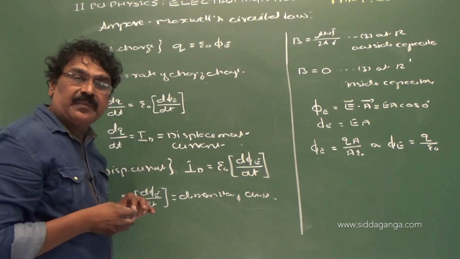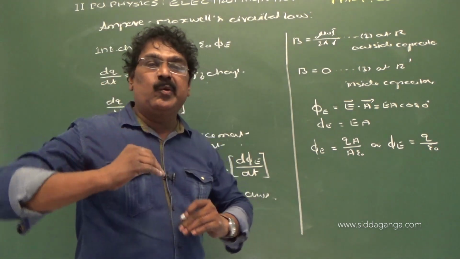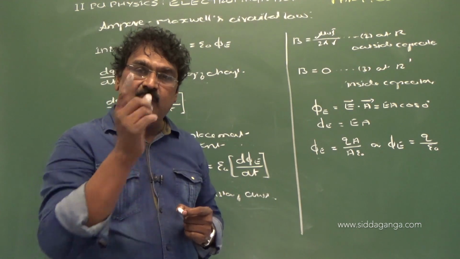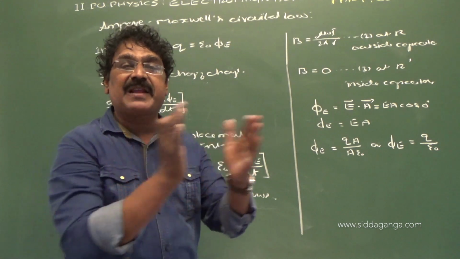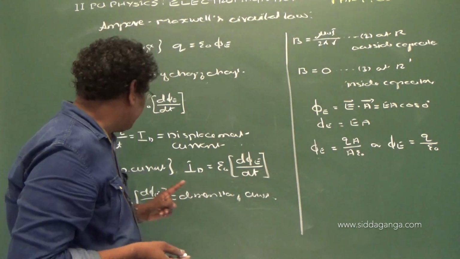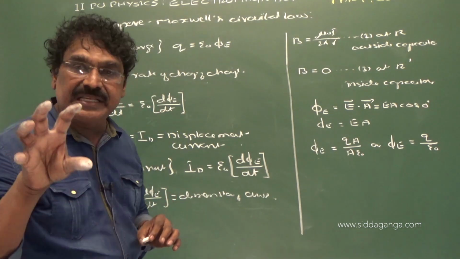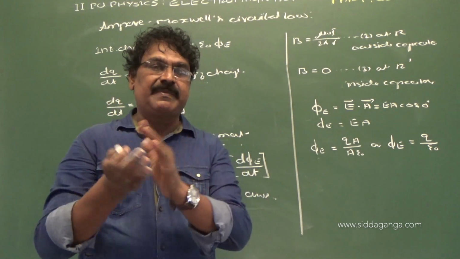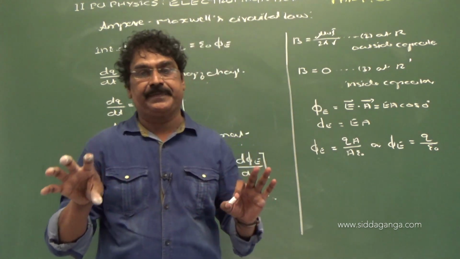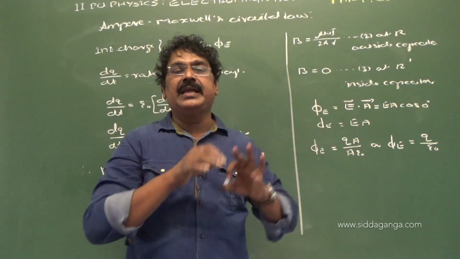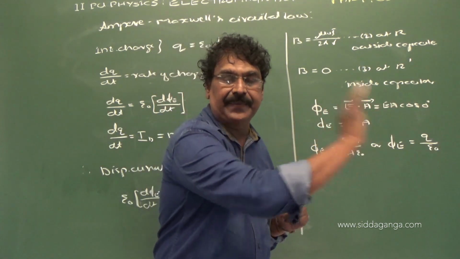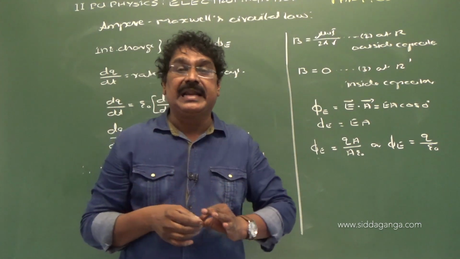So here dq is the charge. Here in a capacitor, while charging, the charges are transferred from one plate to another plate. That means there is a displacement of charge from one plate to another plate. Therefore, this current ID is called displacement current. And this displacement current is completely different from conduction current. The conduction current is due to the flow of electric charges through a conducting wire, that we generally call electric current.